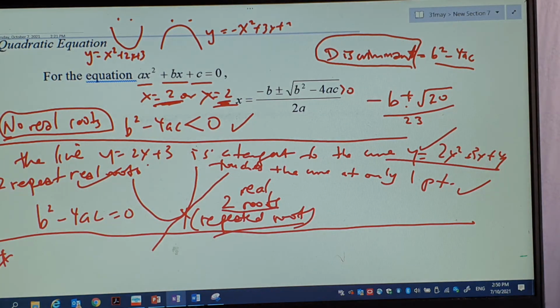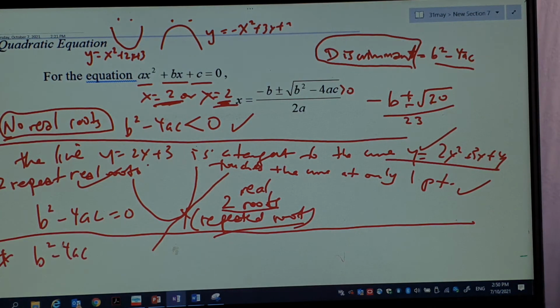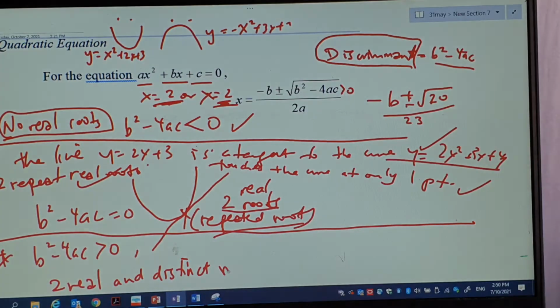So you have two roots, right? You have two roots. So this is what we call when your b squared minus 4ac is greater than 0. You have two real and distinct roots. Distinct means different roots.